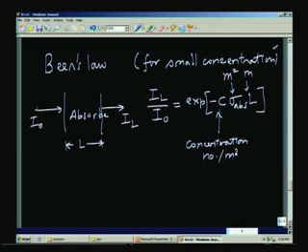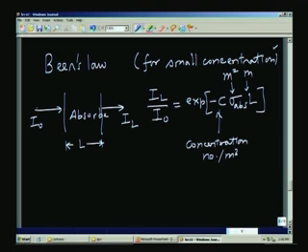The incident radiation is I naught at a particular wavelength which is of interest to us, and what is leaving this absorber is I_L. I_L is the intensity as it leaves the layer of medium I am looking at, which may or may not absorb depending on the frequency of the radiation.